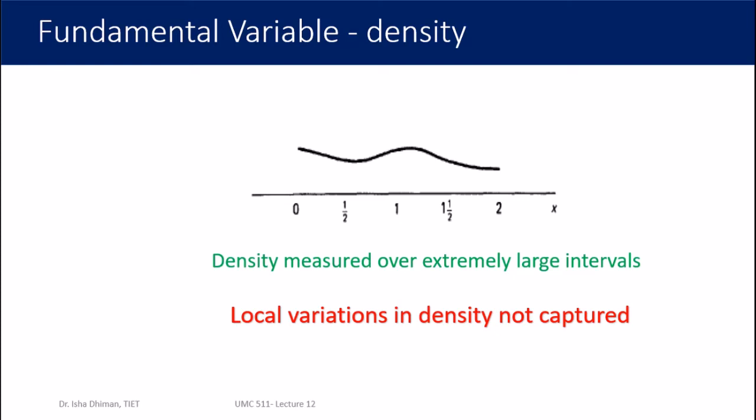But since you are giving the information only about a long stretch of road, you are not telling the tiny details occurring over the local parts of the road. So that's the limitation of taking extremely large measuring intervals, that the local variations in densities are not captured.